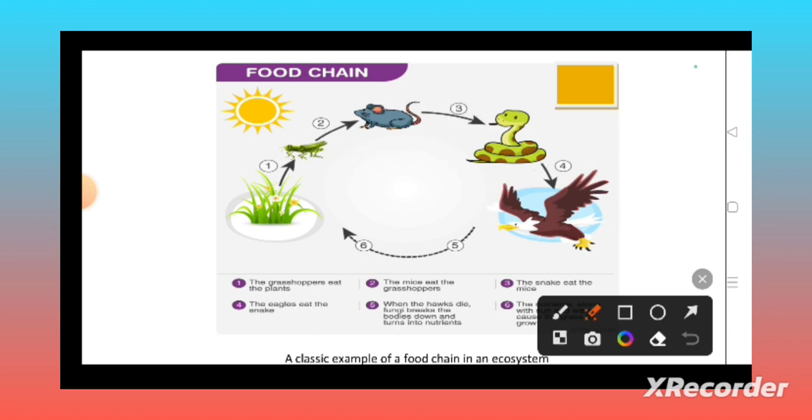In this picture, the primary producers, the green plants, are eaten by the grasshopper, which is eaten by the mouse or rat, the rat is eaten by the snake, and the snake is eaten by the top consumer at the quaternary trophic level, the eagle.